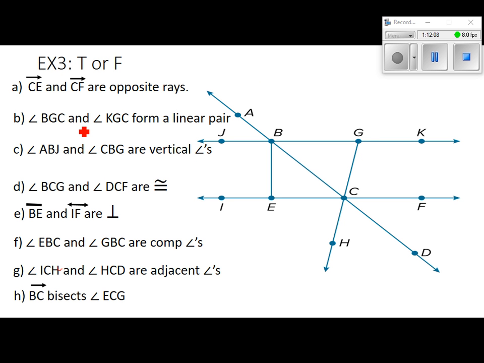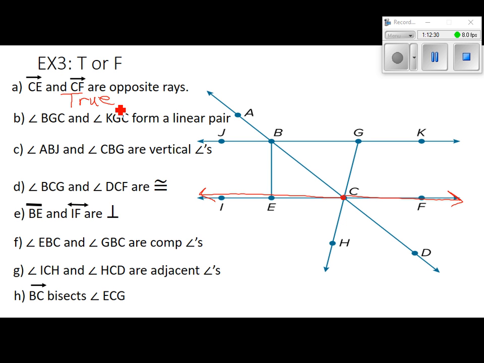Just tell them whether these are true or false. Ray CE and ray CF are opposite rays. Ray CE is that ray. Ray CF is this ray. Are they opposite rays? So that would be true.